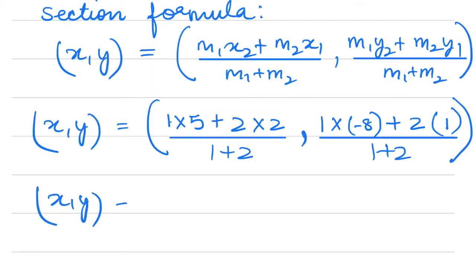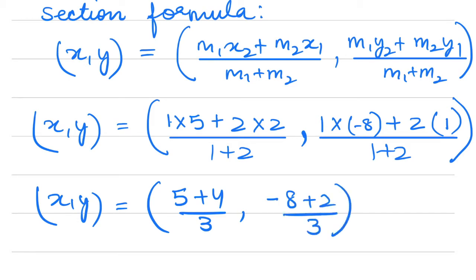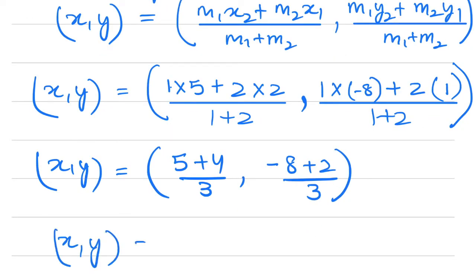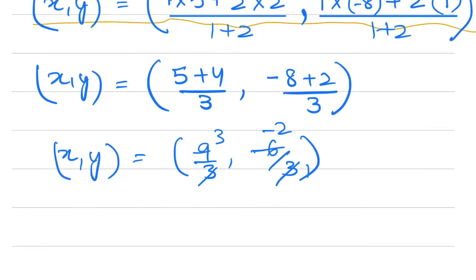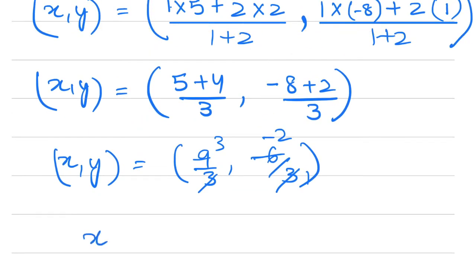x, y is equal to (5 plus 4) by 3, and (minus 8 plus 2) by 3. x, y is equal to 9 by 3 and minus 6 by 3. This gets cancelled by 3 and this is minus 2. So x, y coordinates are 3 and minus 2.